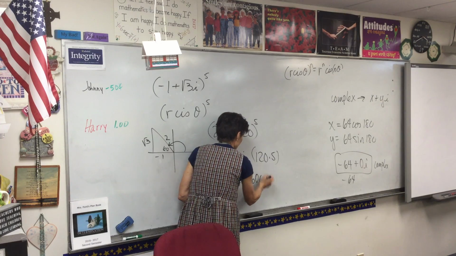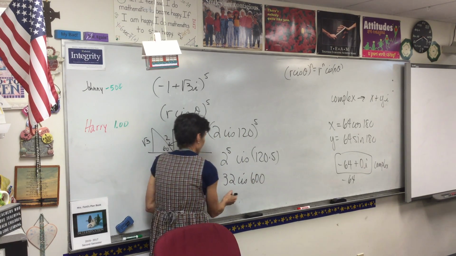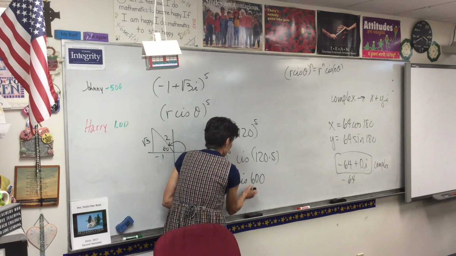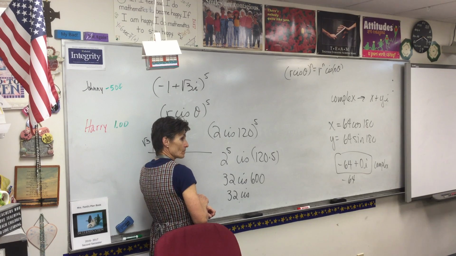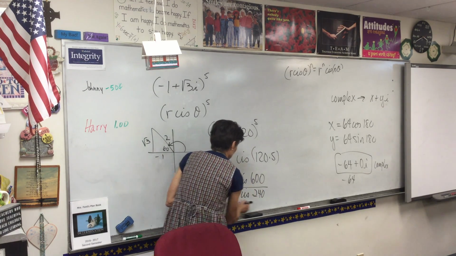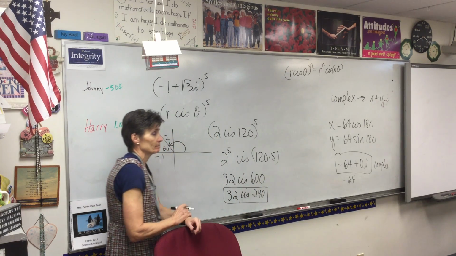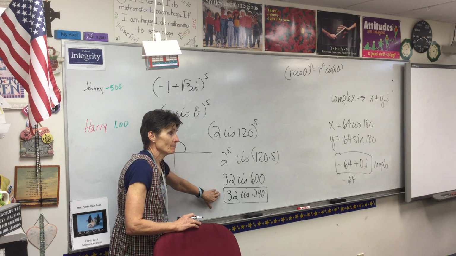That's too big. Remember when they're too big, we subtract 360? So 240. What form is that? That's polar.